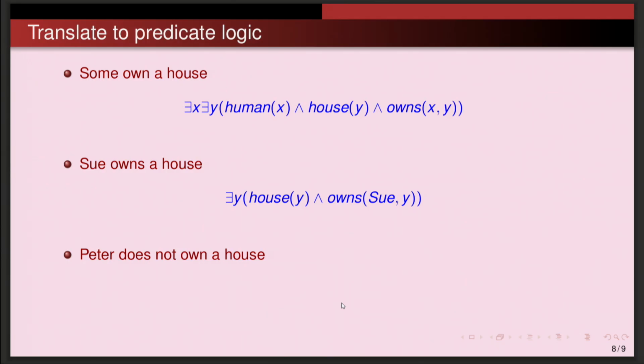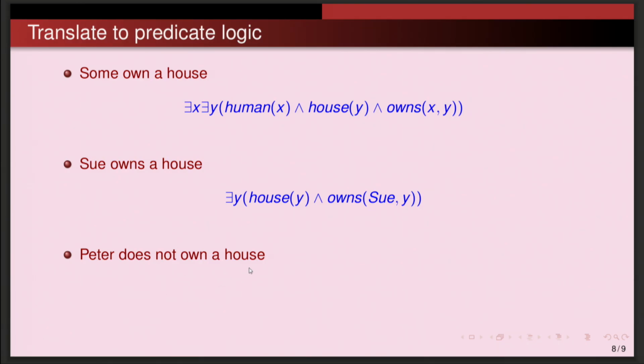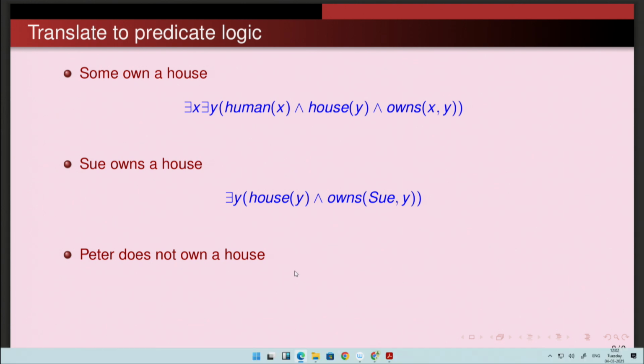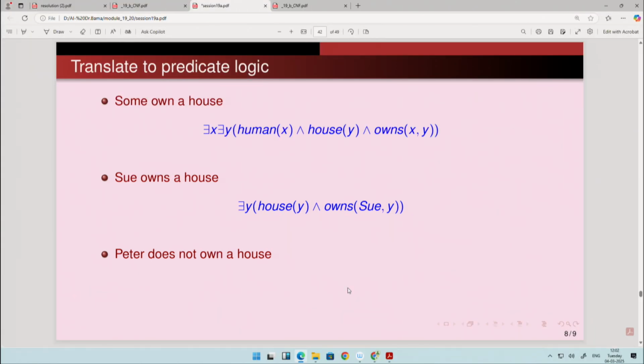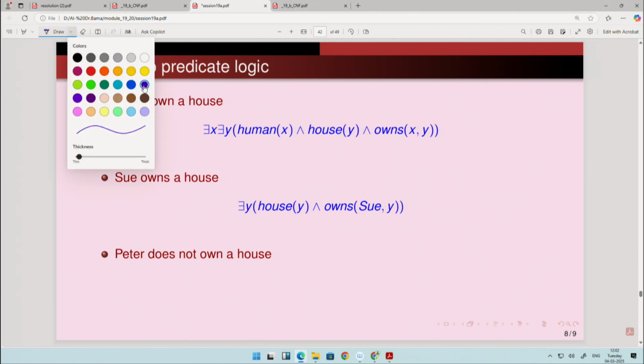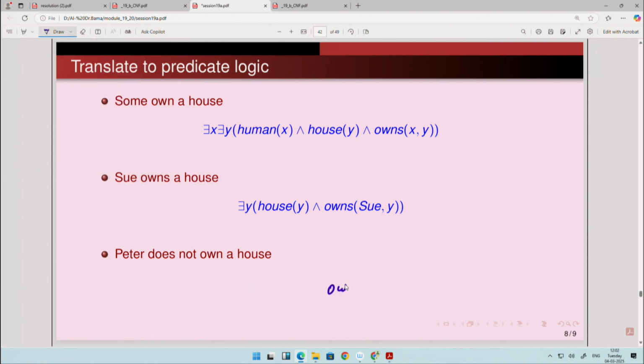So, the information would be: there exists y, house y, and Peter owns y.